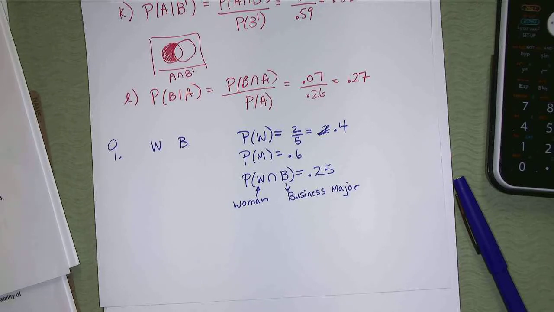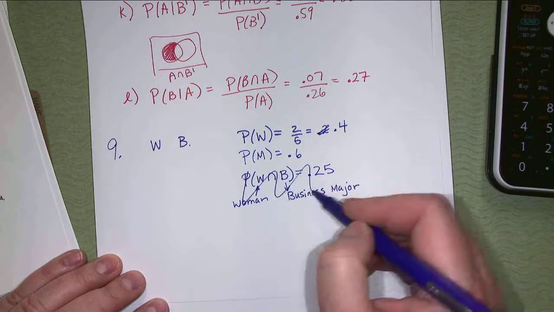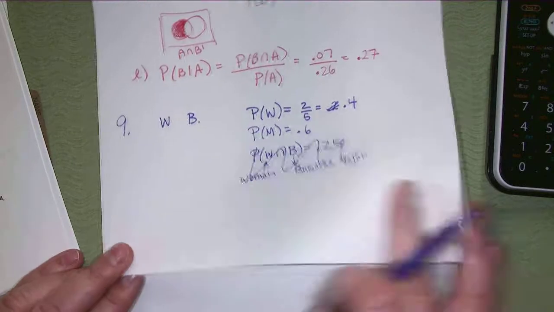Find the probability that a student chosen from the class at random is a female business major. Well, what's the difference between being a female business major and being a woman and a business major? Right, they kind of sound the same, so this is not what it was giving. What it was saying is more like this.